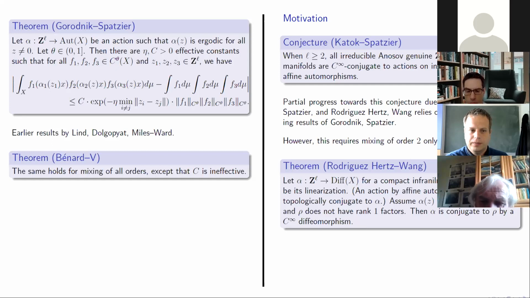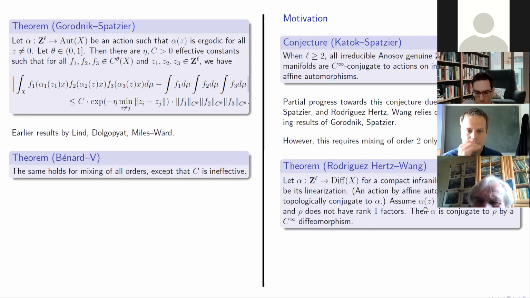I have a question. If you say Anosov action, do you mean at least one map is Anosov, or all maps in the action are Anosov? Yes, so actually that's the difference between the result of Rodriguez Hertz and Wang and the earlier result of Fischer, Kalinin, and Spatzier. In the result of Rodriguez Hertz and Wang, they only assume that there is one element in the group for which the action is Anosov.